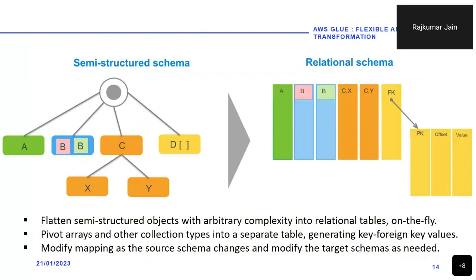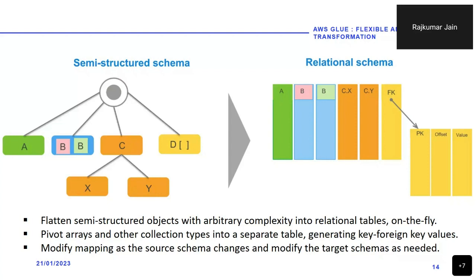Database admins or database people are aware of this kind of pain, where they have to define multiple data types, the names and so on. They know the pain of this activity, and now this pain is completely removed with the help of this. Now it will help you to pivot arrays and other collection types into a separate table, and generate key and foreign key kind of values if you want, but you have to configure it that way, then it will do it.